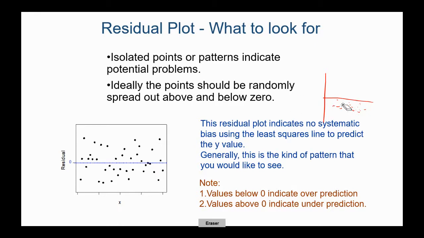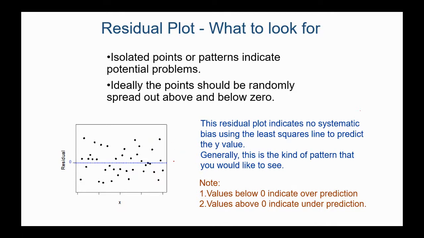So if our residual plot was like the one pictured, notice there's no systematic bias. We're scattered randomly all in here. We're scattered above 0. We're scattered below 0. We're just all over the place.